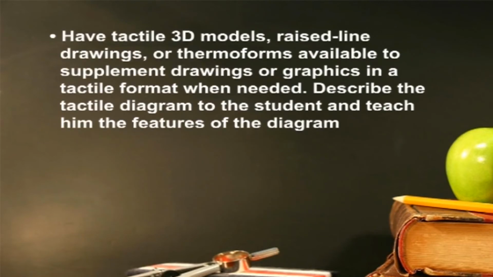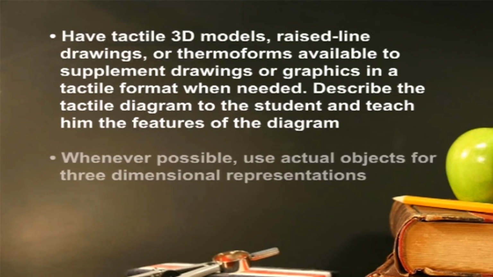Have tactile 3D models, raised line drawings, or thermoforms available to supplement drawings or graphics in a tactile format when needed. Describe the tactile diagram to the student and teach him the features of the diagram. Wherever possible, use actual objects for three-dimensional representations.